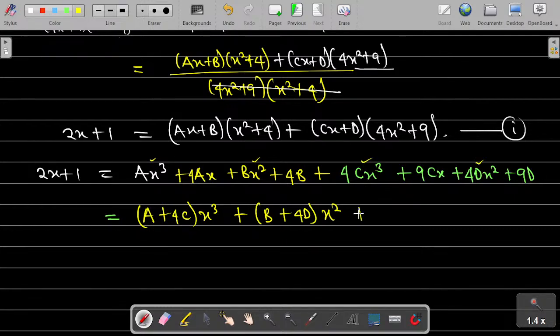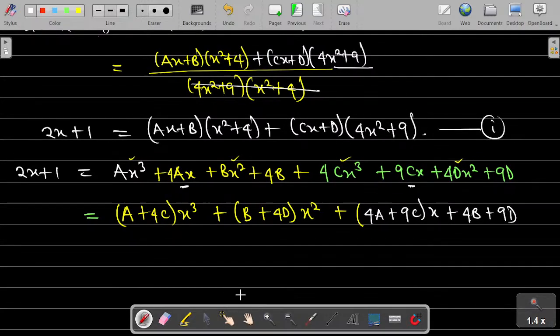Okay, so we go for x, and then for x we will have 4a and 9c, that's this one and this one, 4a plus 9c, all by x, and then finally we gather those without x at all. That will include 4b plus 9d. I think those two alone. Okay, yes, and this we called equation 2.